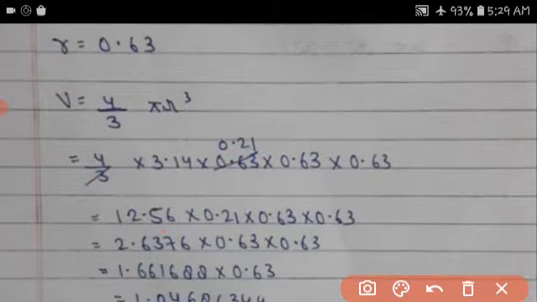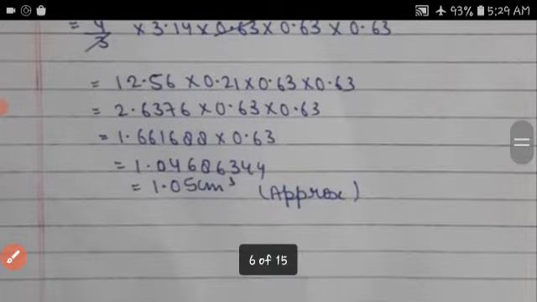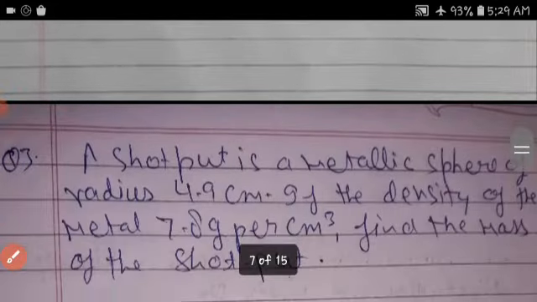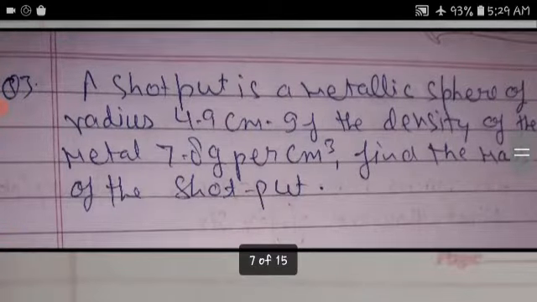Now multiply 12.56, 0.21, 0.63 and 0.63. Multiply 2.6376 into 0.63 into 0.63. The result is 1.04686344, approximately 1.05 centimeter cube. Approximate answer.